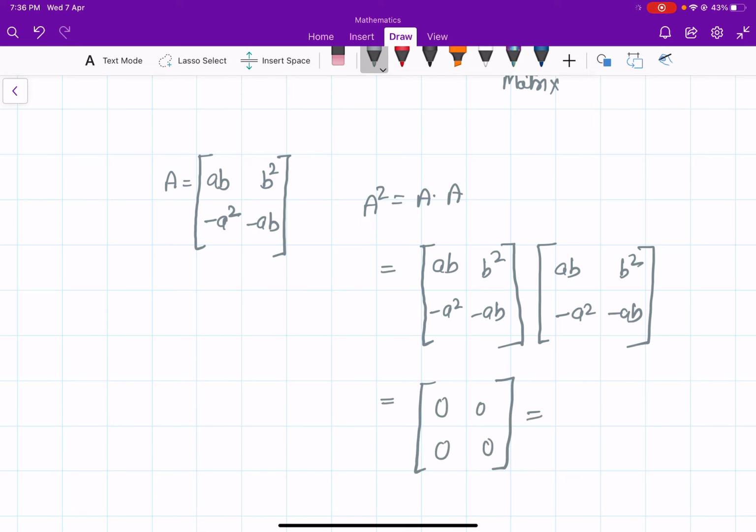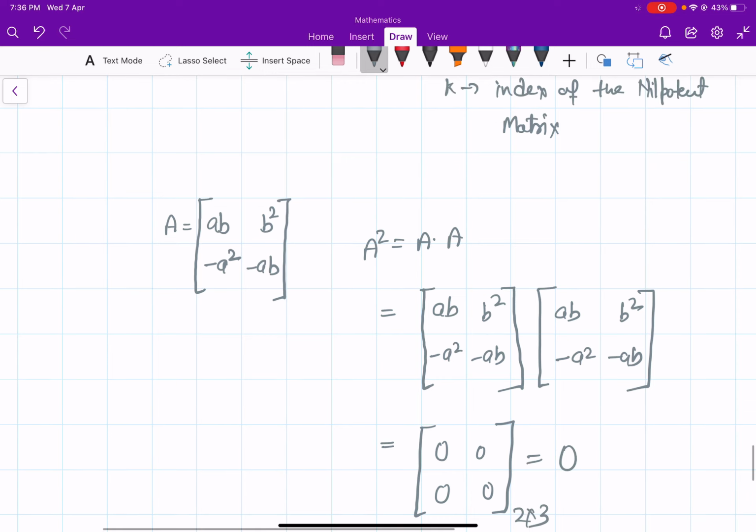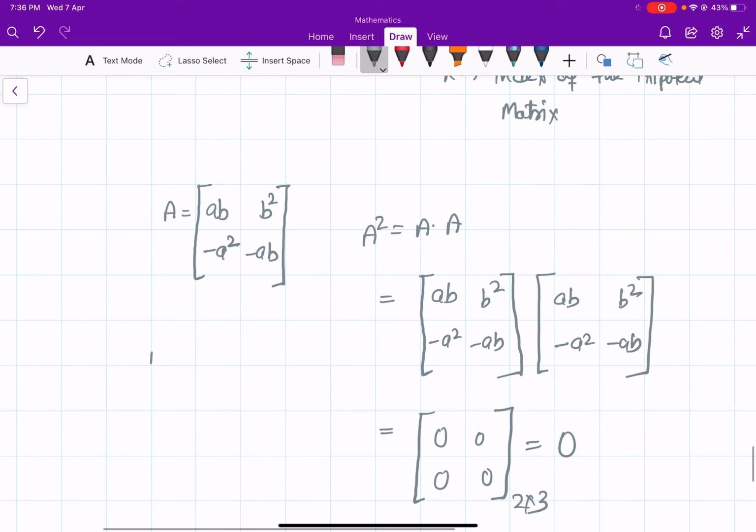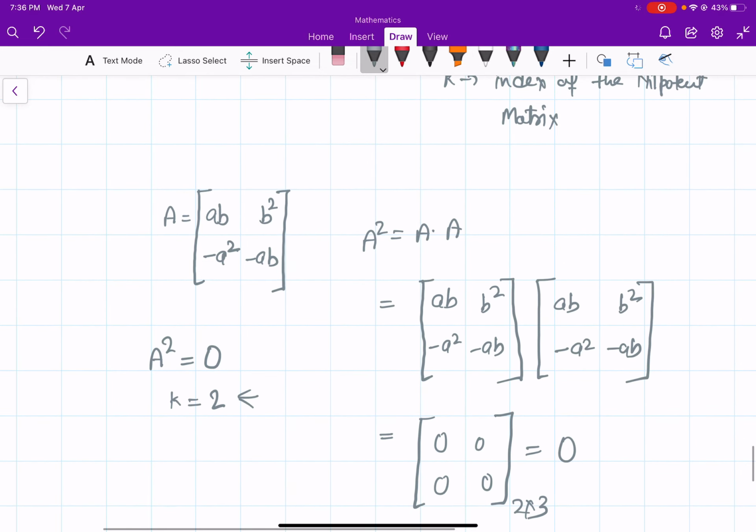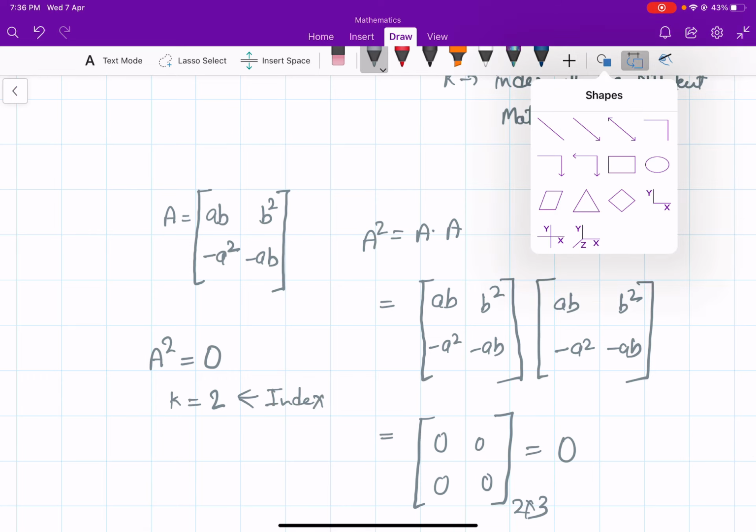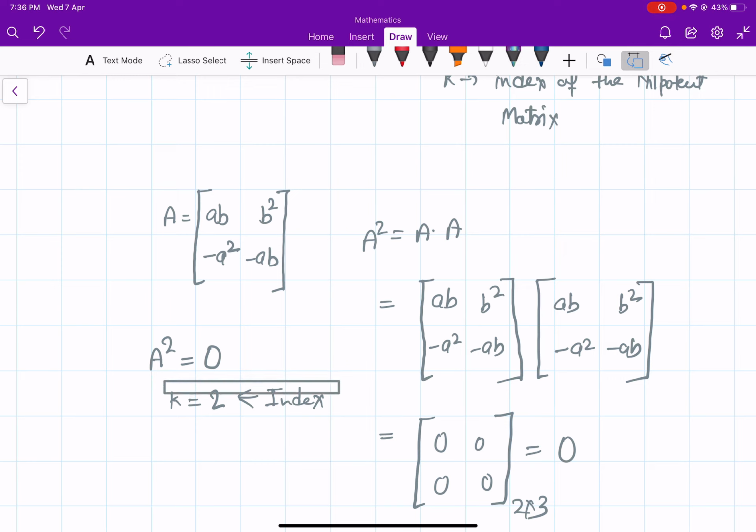So this will be null matrix of order 2 cross 2. So we can say A square is equals to 0, that is null matrix. So here K will be 2. So the index of nilpotent matrix will be 2. The order is 2 cross 2 matrix.